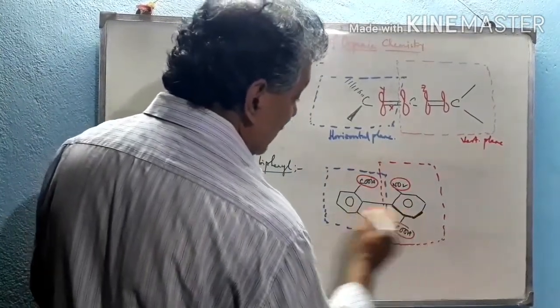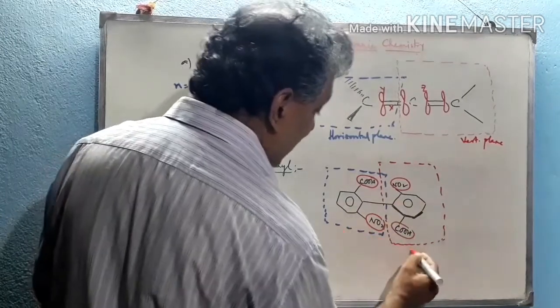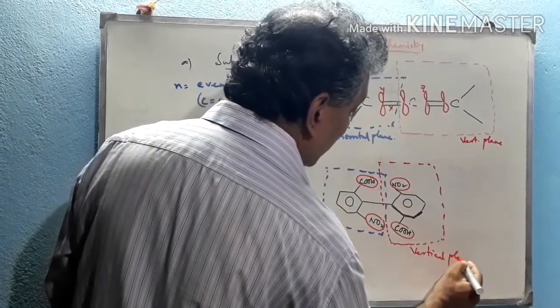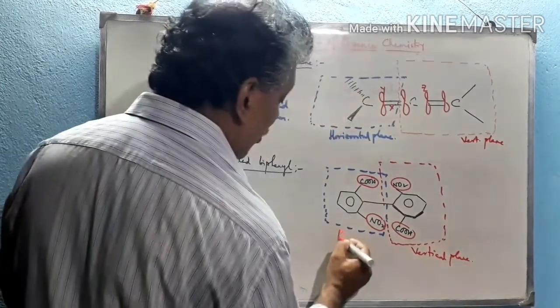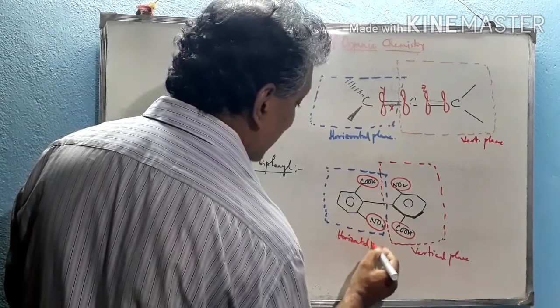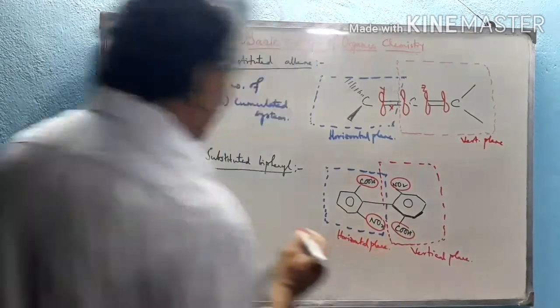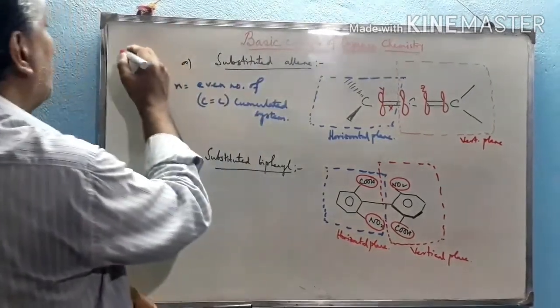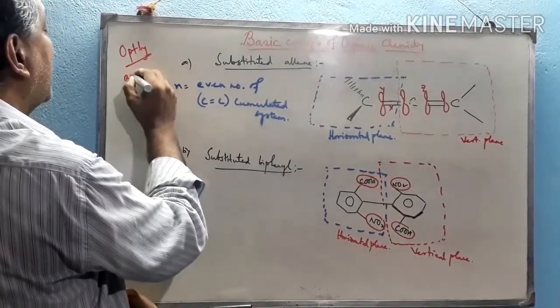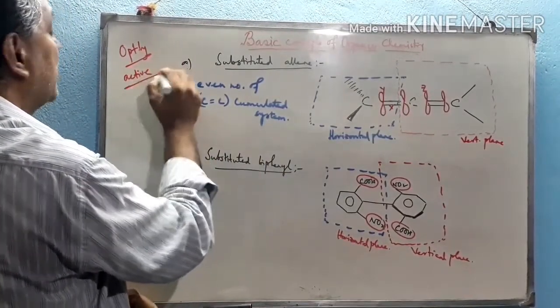Hence this is the horizontal plane and this is the vertical plane, and these two are in different planes because they do not collide with each other. If any compound contains such a structure, then it is an optically active compound. So these two structures are actually optically active compounds.